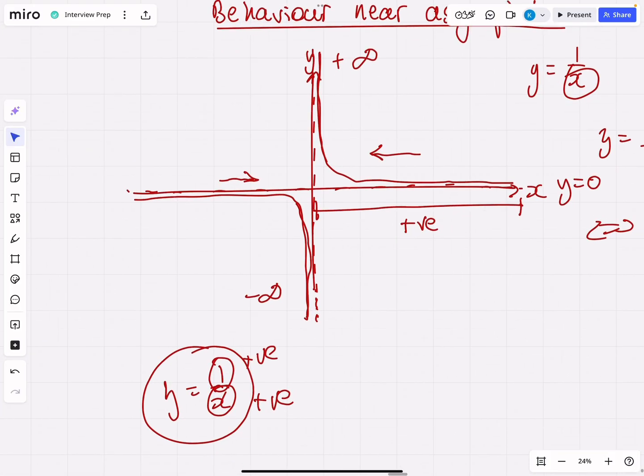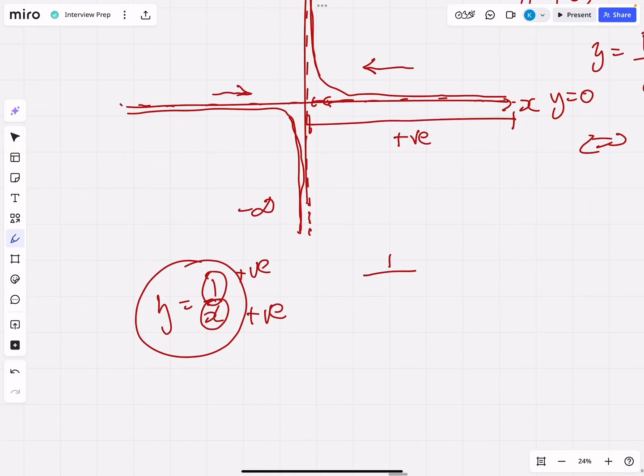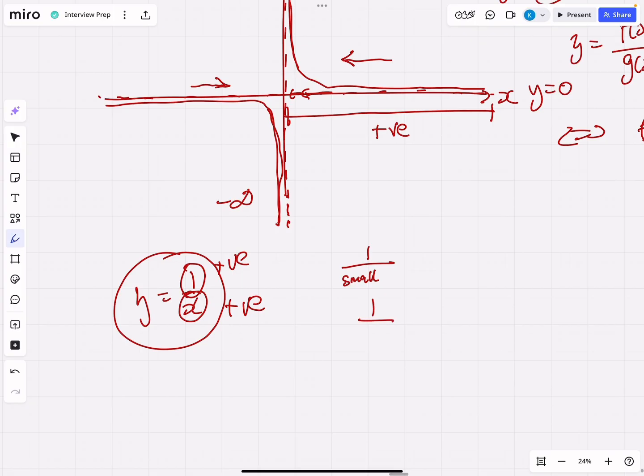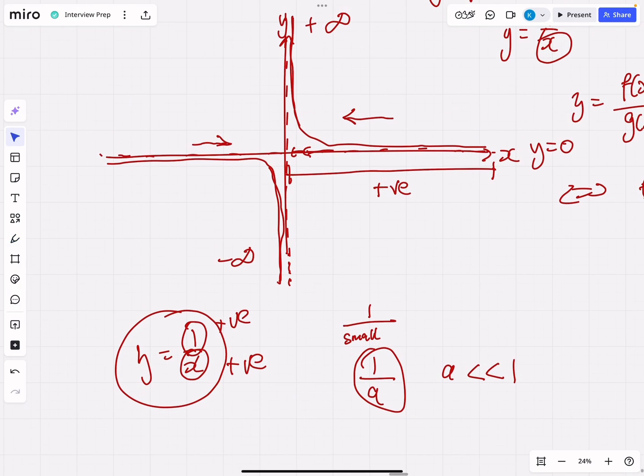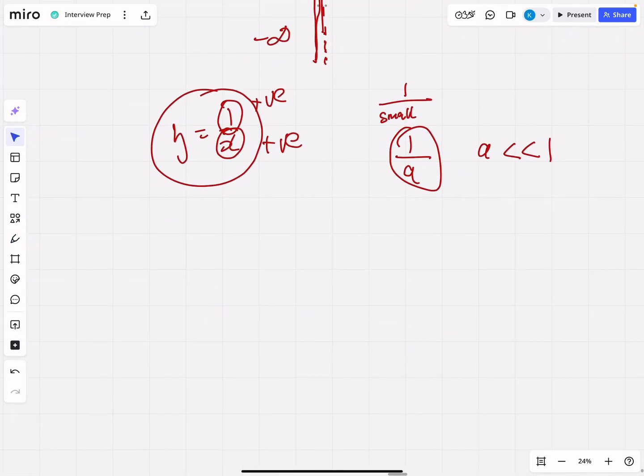And so as I get closer and closer to 0, I'm essentially getting 1 over a very, very small number, let's say 1 over a for a much, much less than 1, that's going to result in a very, very large positive value. And that's why my graph tends upwards to positive infinity if I approach the limit from the right.